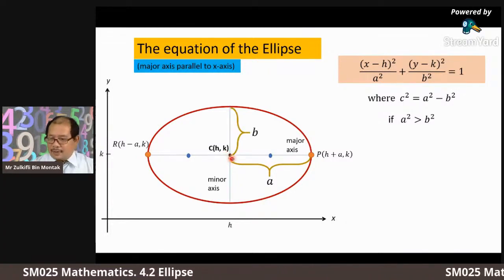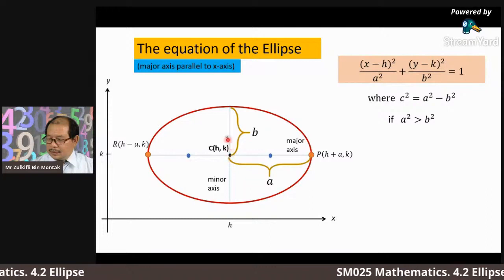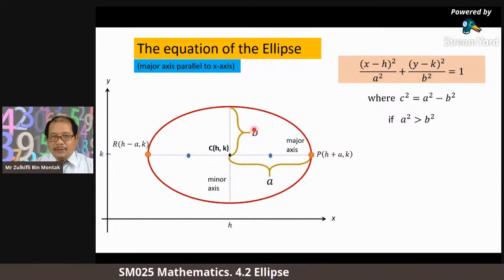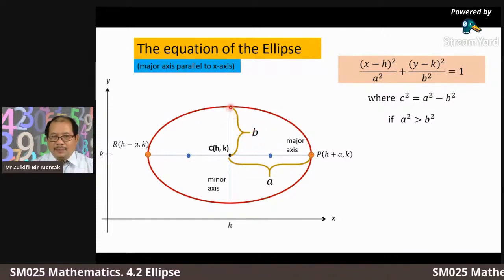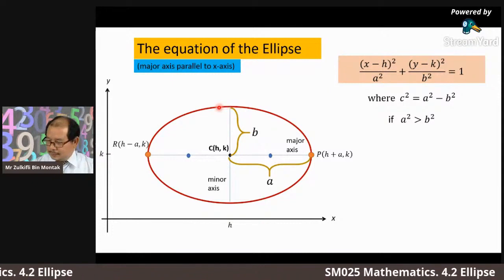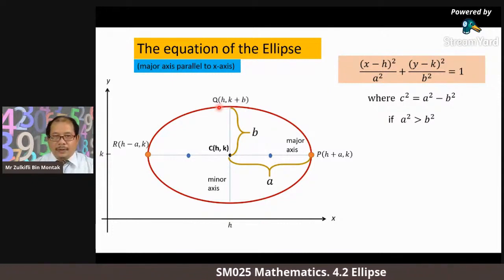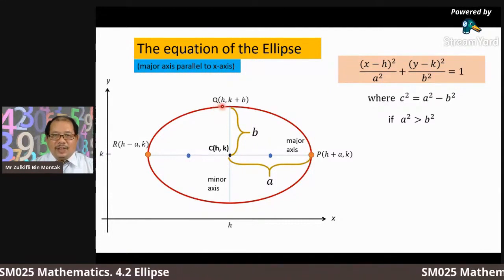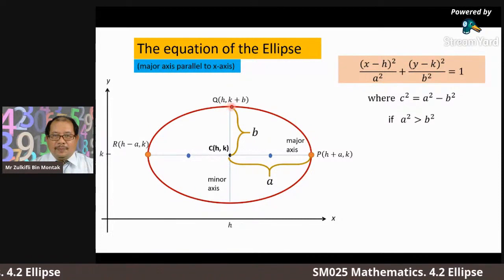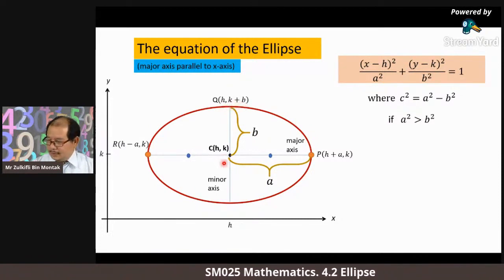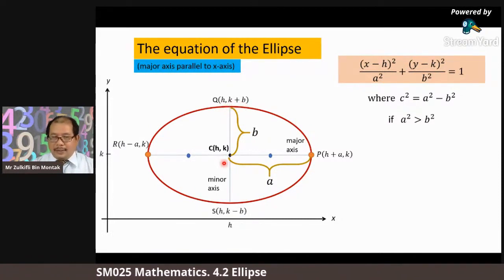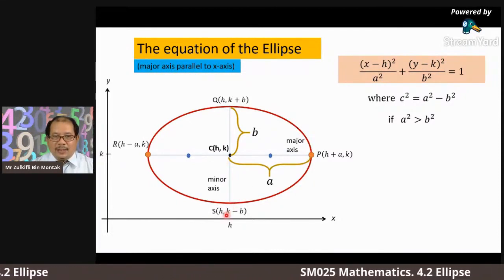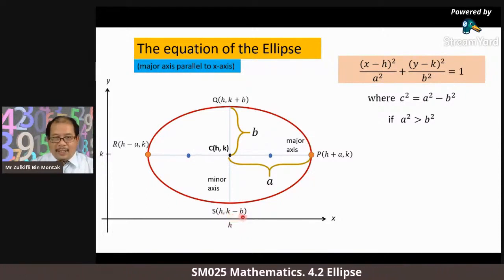The distance from the center to the vertex on the minor axis equals b. Now you can find the coordinates of this vertex equal to (h, k plus b), and the other vertex at the minor axis equal to (h, k minus b).